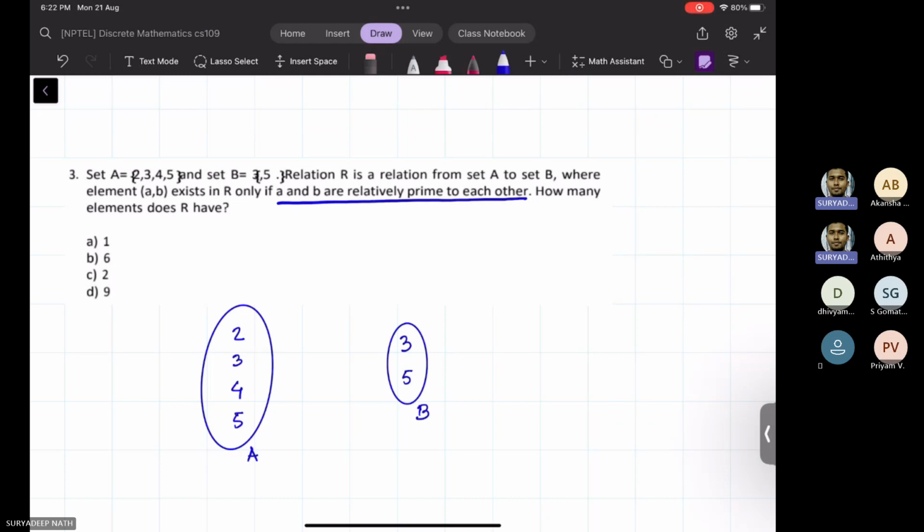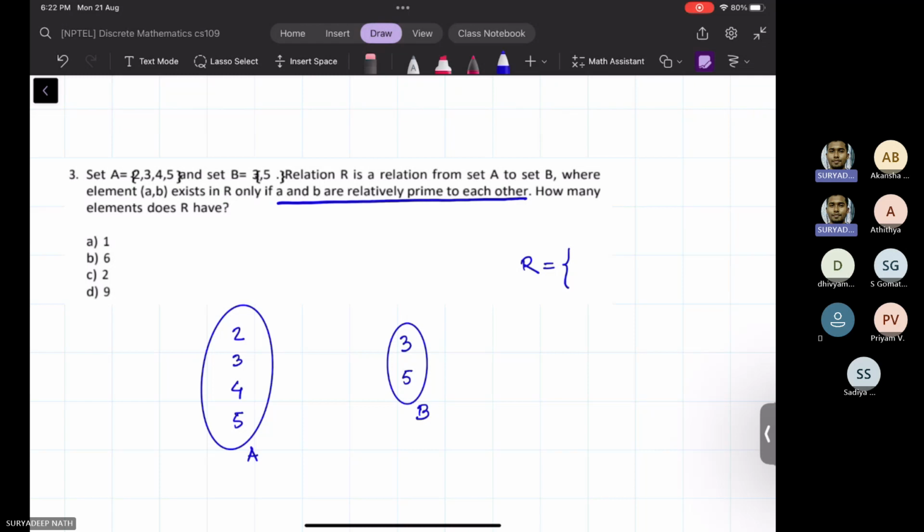Before counting how many elements, let us find what the elements of R are. Can someone say what elements R can have? Okay, first let us take elements of A one by one. Suppose I take 2. 2 is related to which of the elements in B?